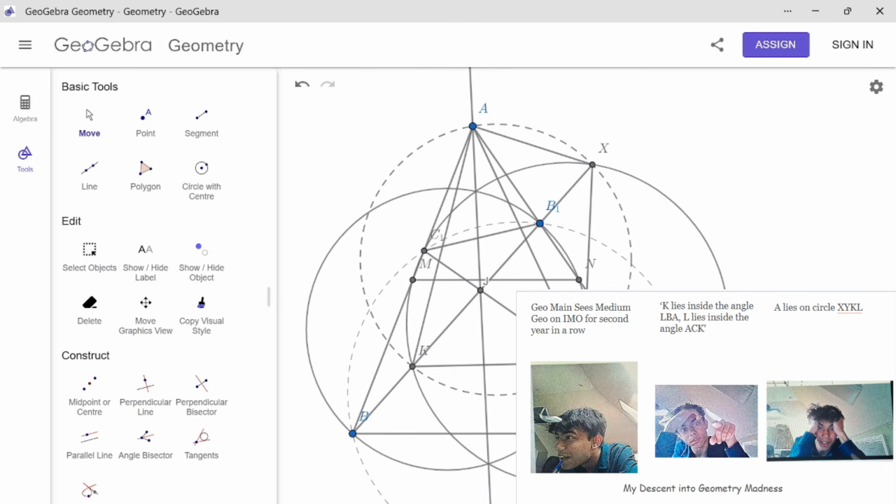Okay, so what do we have? Well, we have the power of B to omega 2 is BM times BC1.